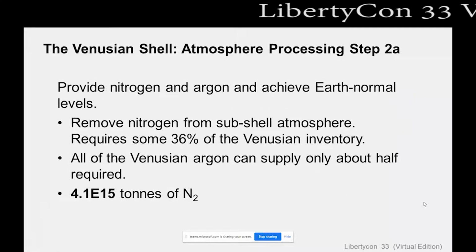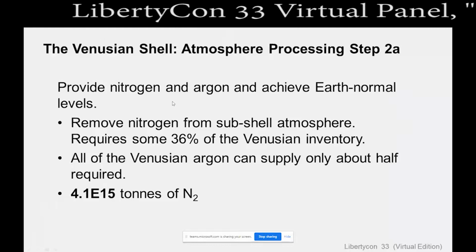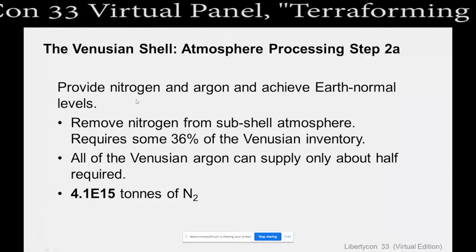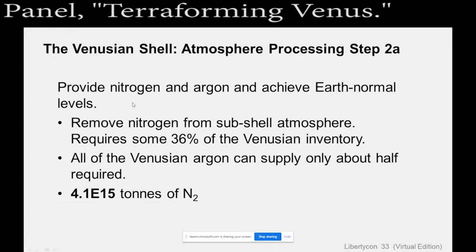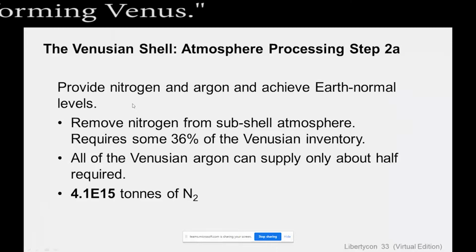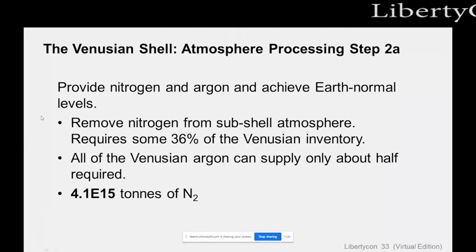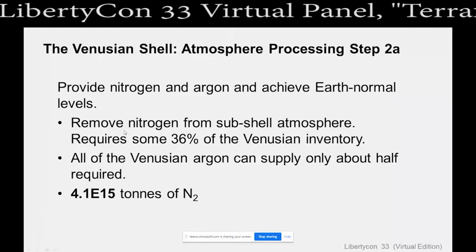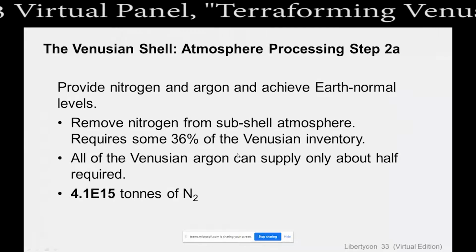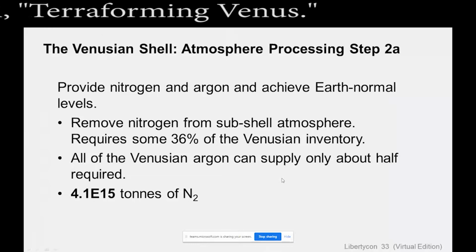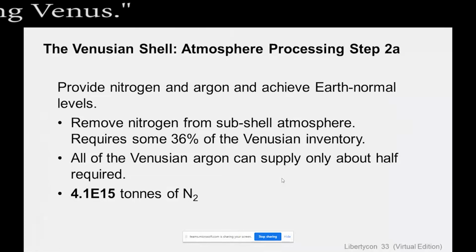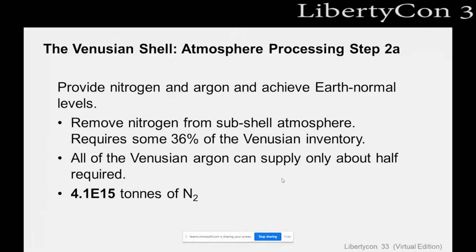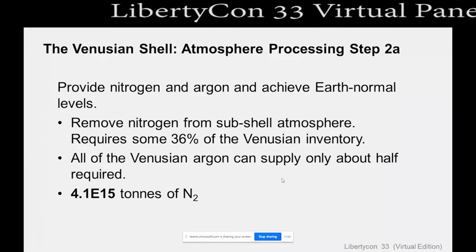The Venetian shell, once we've done that, we have to then inject nitrogen. Most of the nitrogen we need is actually below the shell. So again, our atmospheric processors come in. We're going to have to process a lot of Venetian gases, extract the nitrogen, and inject that above the shell. Now here we're dealing with gases that are present on Venus already. We don't have to import any nitrogen or any oxygen into the Venetian system.